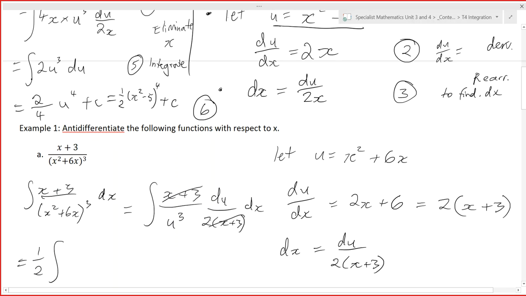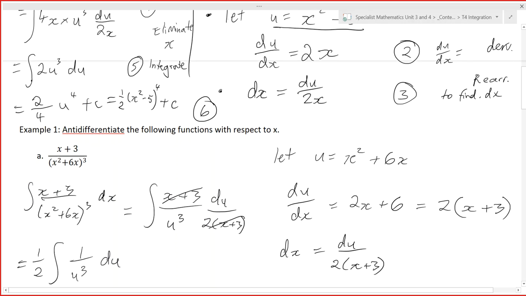So this eliminates the 2, we bring out the front, so we're just left with this. Okay, so I've substituted in, I've simplified, and now I integrate.